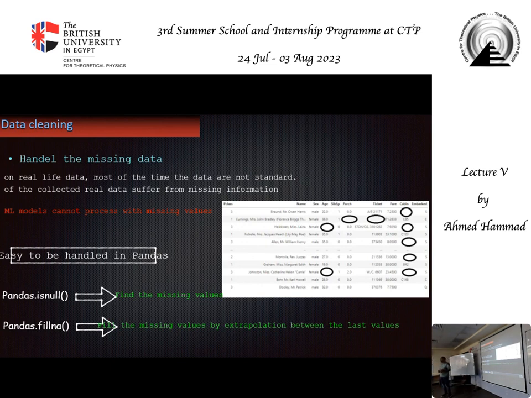But if you have big data, like a million records, it's very hard to identify what exactly the missing data is. And thanks to the Python module called pandas, it has a function called isNull. isNull immediately identifies the missing information in your data.